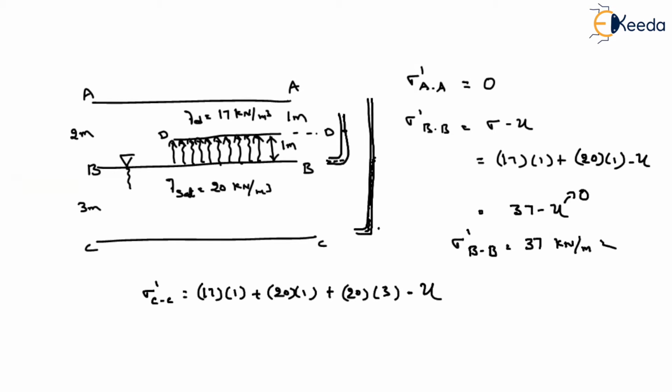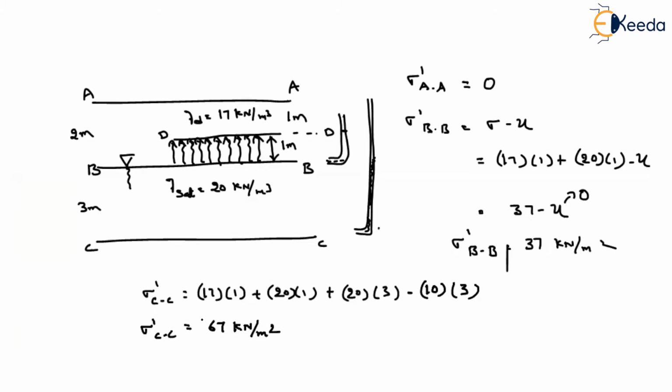If I consider 10 as the weight density of water, into 3, isn't it? If you solve this, you will get 67 kilonewton per meter square. So this is your total effective stress along the layer CC.